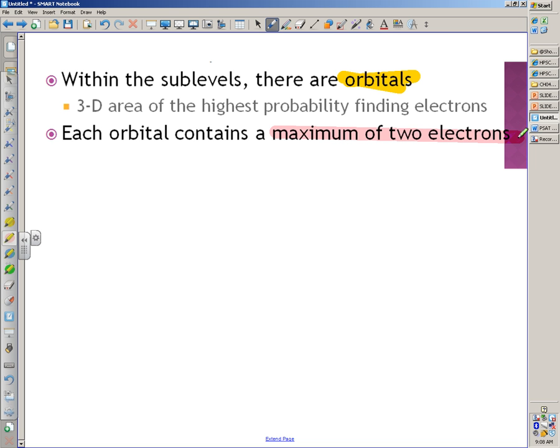Because electrons have the same charge, they repel each other. So we won't find a whole bunch of electrons in the same place, right? Those orbitals, those areas of high probability, can only contain 2 before that spot is filled, and those electrons will now have to go find another place to settle. Good so far? All right.